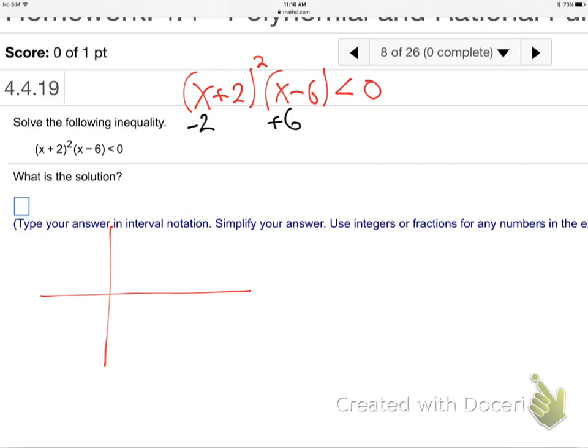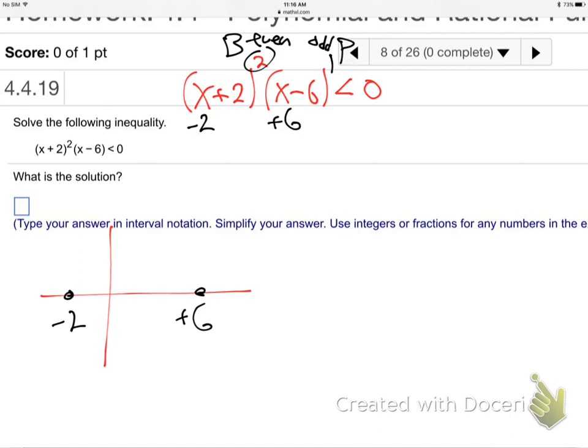−2 and +6 make those 0, right? So −2 and +6 are the only two places it's going to hit the x-axis. The 2 has an even power, so it's a bounce, and the 1 power is a pass-through because it's odd.